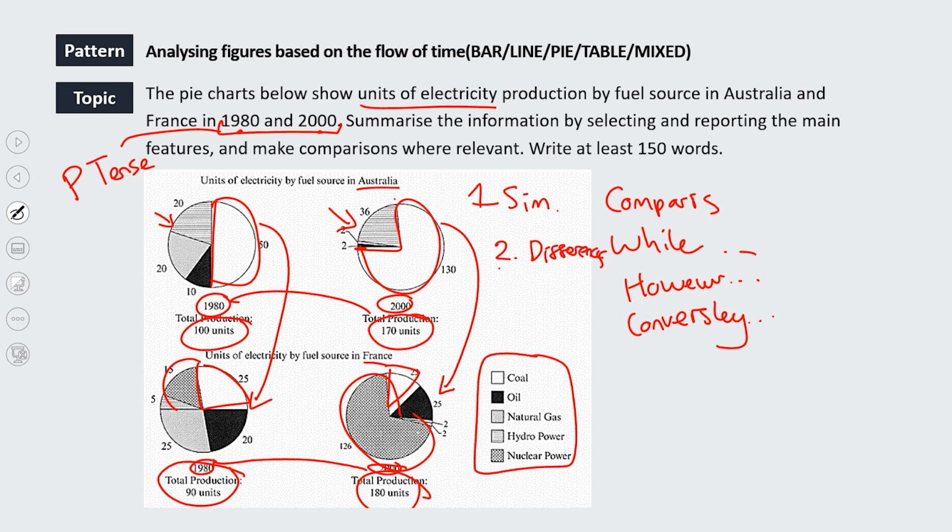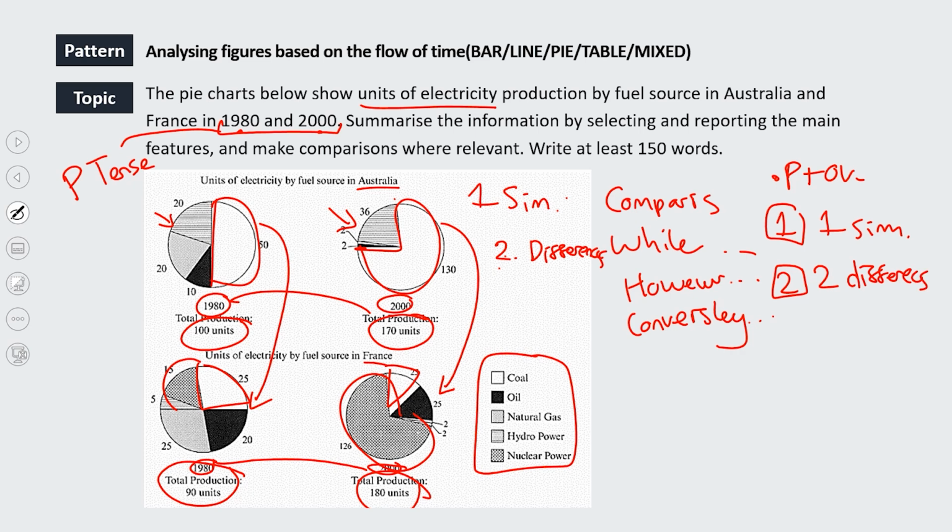Okay, so this task really should have started with the paraphrase plus one sentence to talk about each of these. Okay, so one sentence to summarize your similarity, one sentence for each of the differences, and then you should have body one, probably where I would have talked about the one similarity with detail, and then body two, where I'd have talked about the two differences. Okay, and that's where you get your comparisons in.